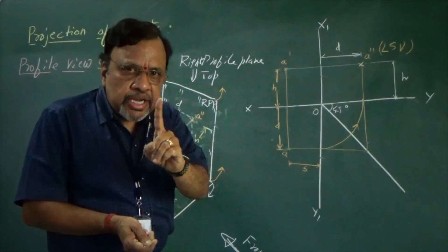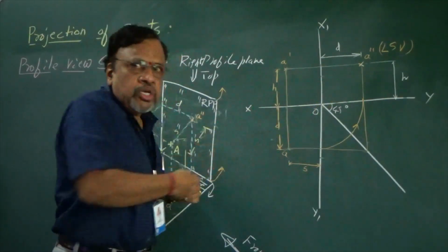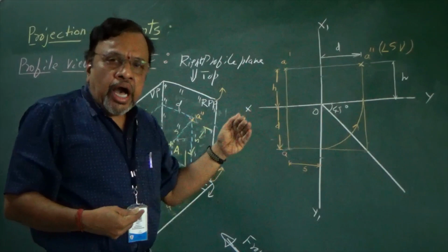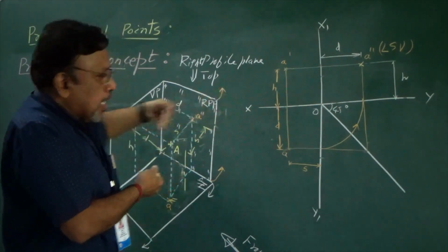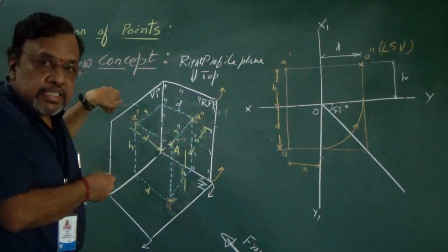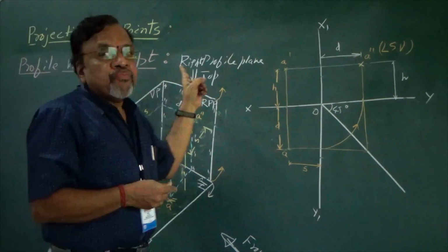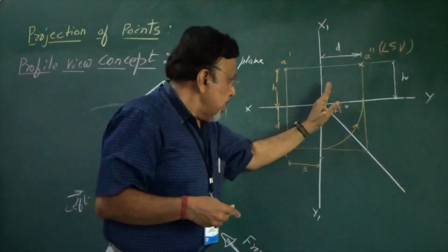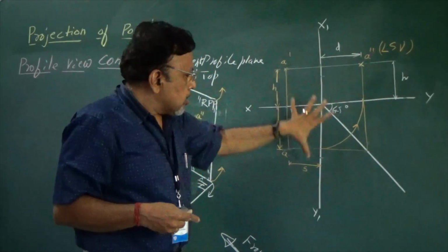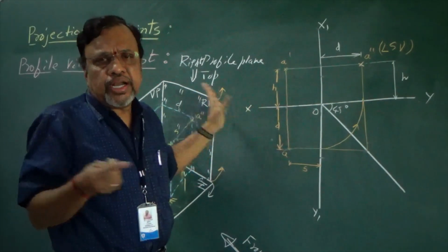To get the right side view, I need to view from the right. If I view from the right, I need to project it onto my left profile plane, LPP, which is rotated to the other side. So the side view should be projected onto the left side of this top and front view, and I will get RSV.